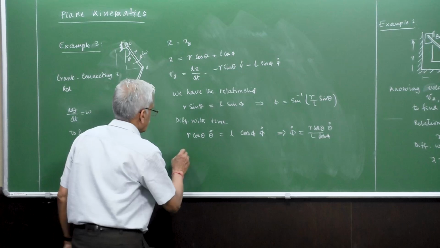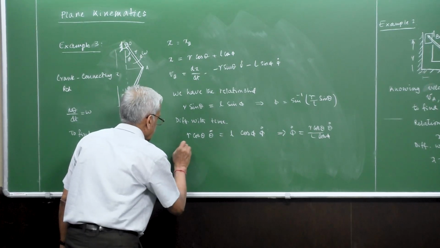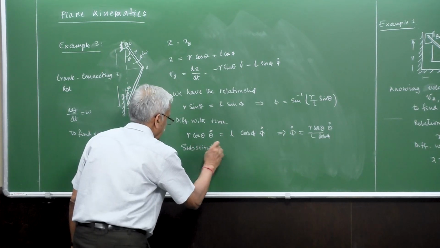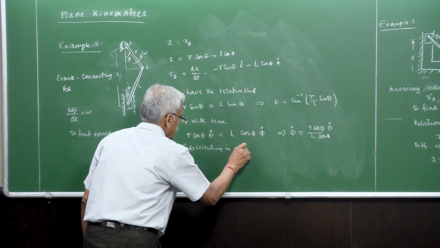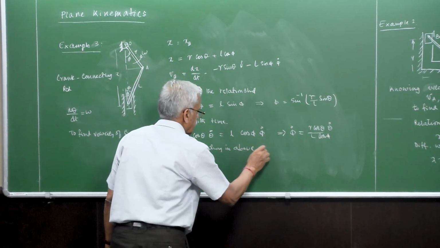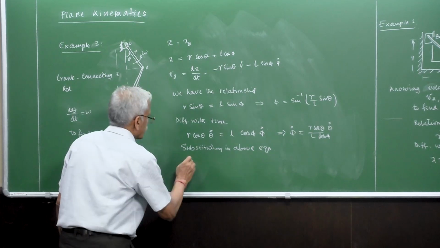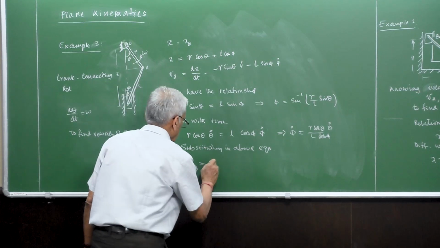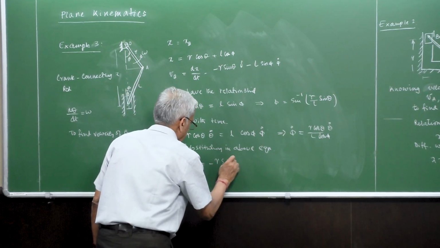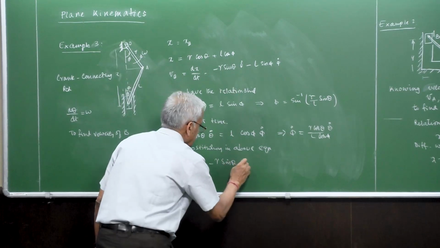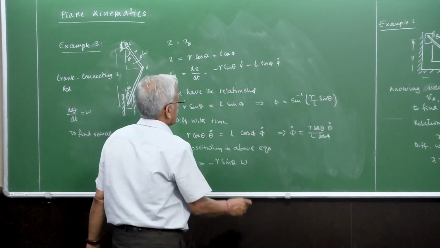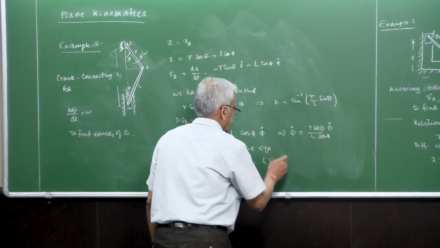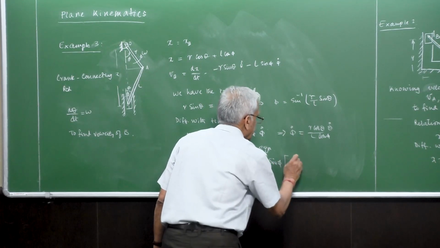So using this, we can substitute this in the above equation. So we get VB as minus r sine theta, theta dot, which is given to be omega to us, and minus L sine phi, phi dot, which is here given by this.